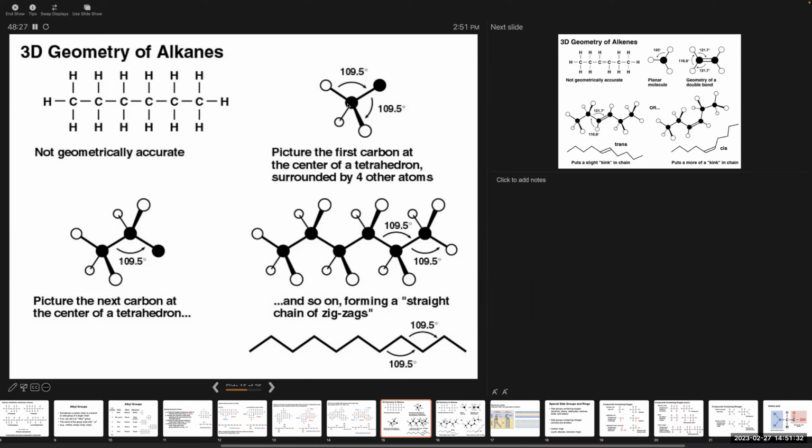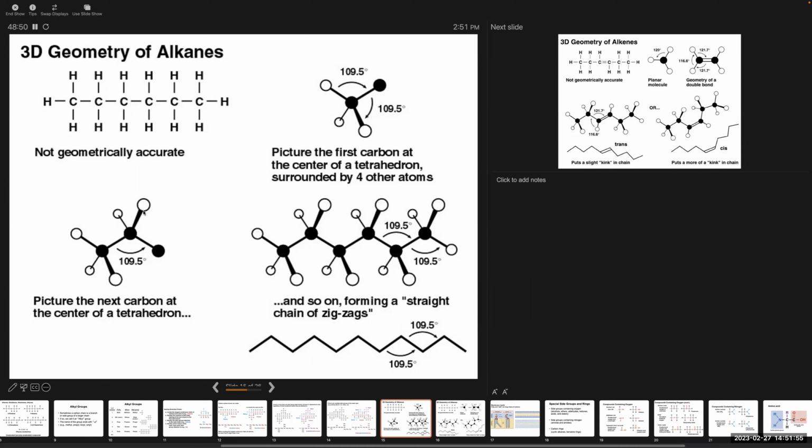So we'd have these 4 bonds all arranged in 3 dimensions in space, all separated from one another by these equal 109.5 degree angles, and forming this tetrahedral arrangement. Now then, when you take that 1 carbon and you attach it to another carbon, you have to imagine that each carbon in that chain is also in this tetrahedral arrangement.